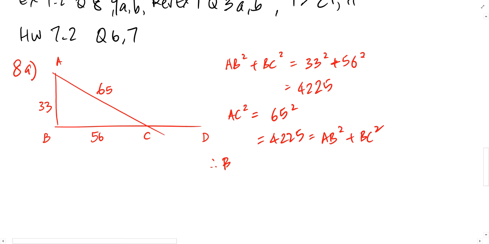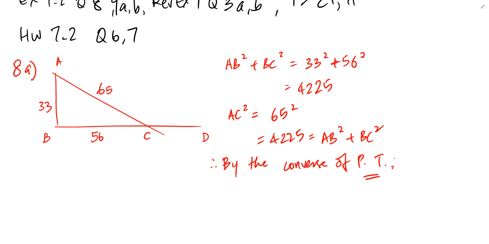By the converse of Pythagoras theorem, you must spell it out. How do you spell Pythagoras? I don't know, that's why I don't want to spell it out. You caught me, but you need to spell it out.